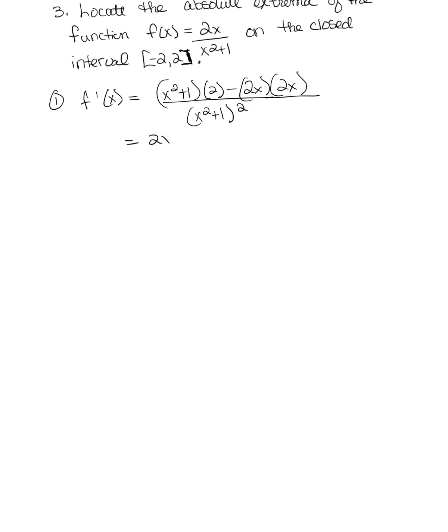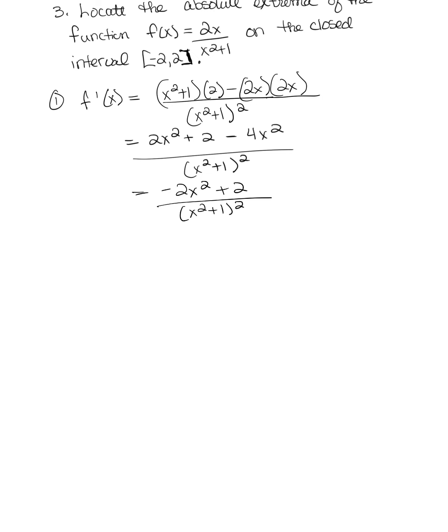So let's distribute. We have 2x squared plus 2 minus 4x squared all over x squared plus 1, squared. Okay, so now let's combine like terms. If you see here we have a 2x squared and a negative 4x squared, you put those together and you get a negative 2x squared plus 2 over x squared plus 1 squared.